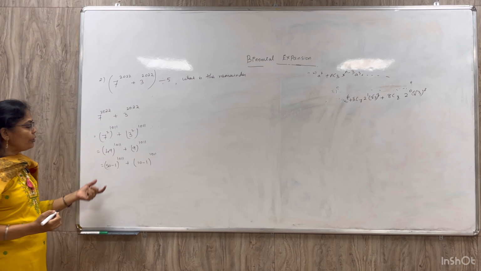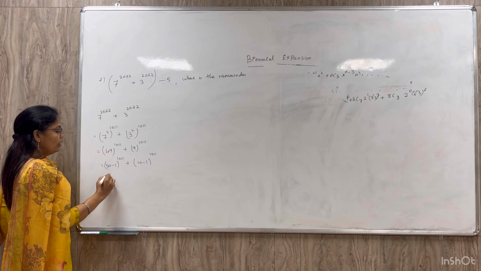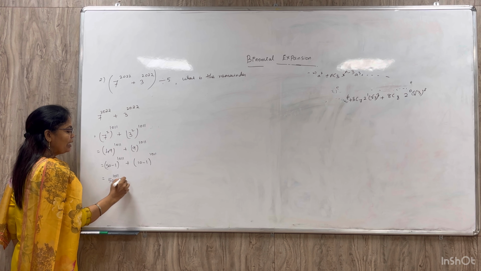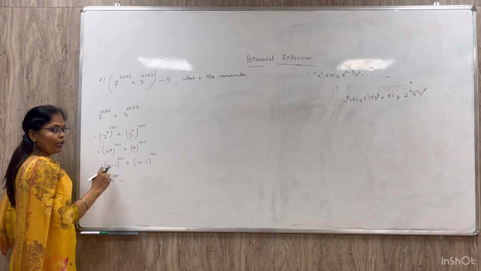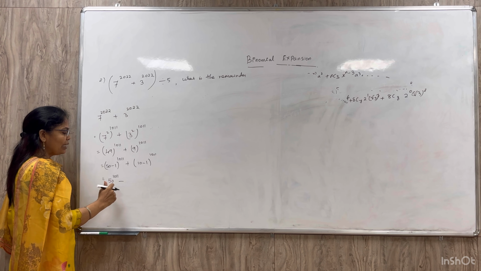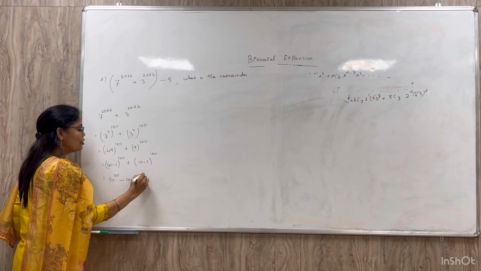Now here I am going to use the applications of binomial. So 50 power 1011 minus, because 1 is a plus and minus term, you have to write the terms with alternating signs. First start with plus, then minus, 1011 50 power 1010.